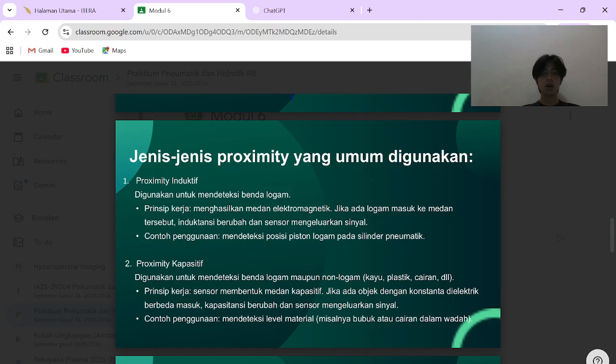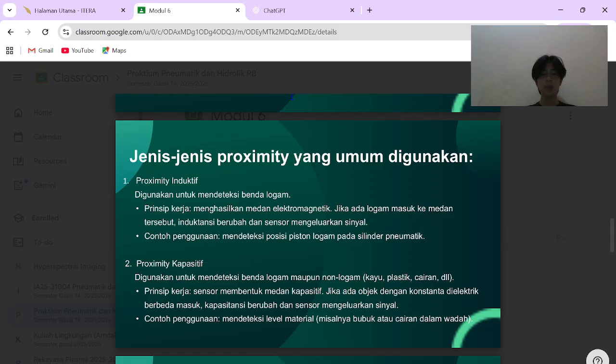Types of proximity sensor. One, inductive proximity sensor: used to detect metal objects. Working principle: generates an electromagnetic field. When metal enters this field, inductance changes and the sensor outputs a signal. Example: detecting piston position in a pneumatic cylinder.